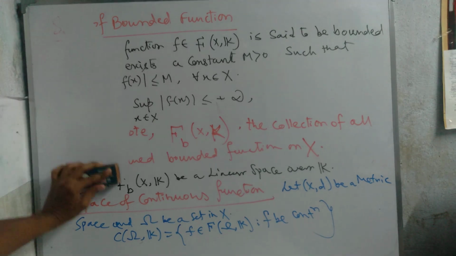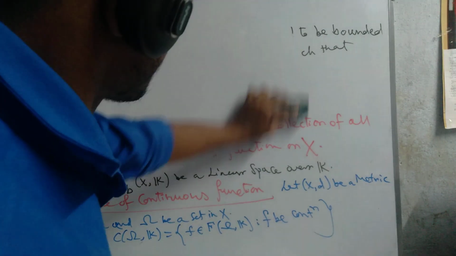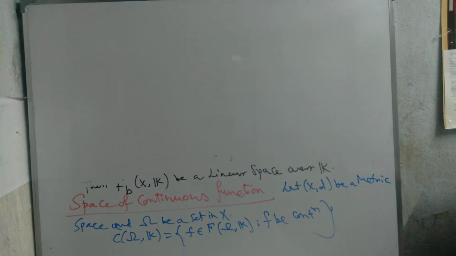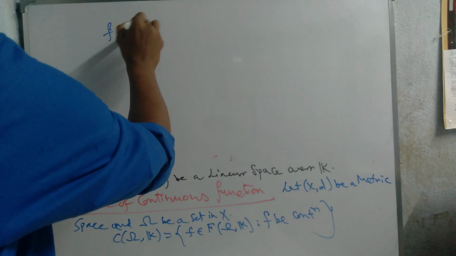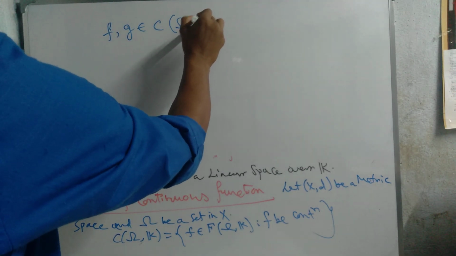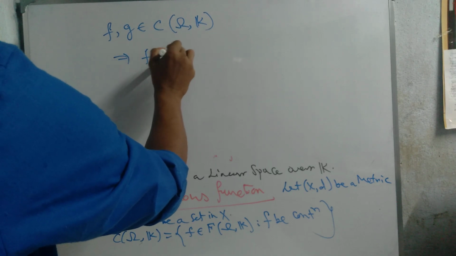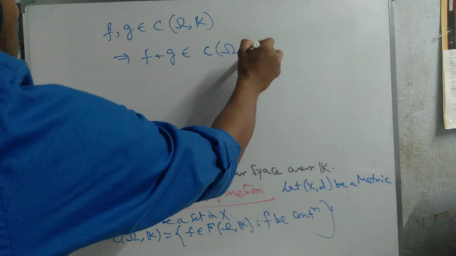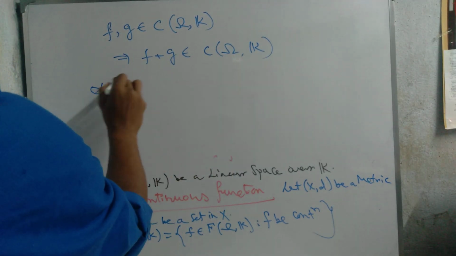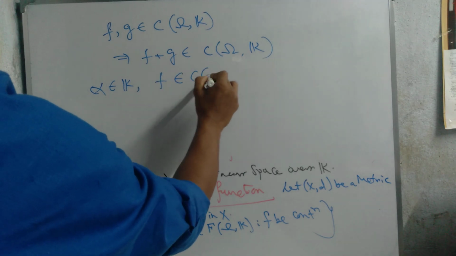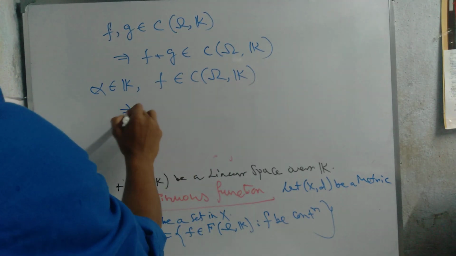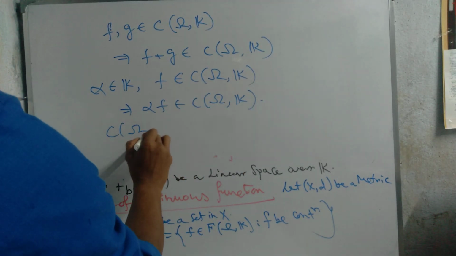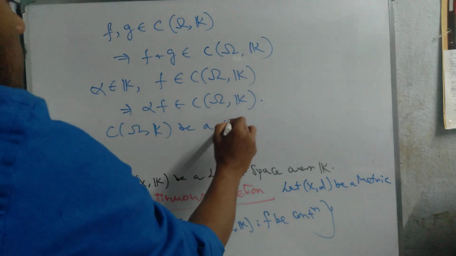Obviously we know about it. If f, g belong to C(omega,K), this implies that f plus g belongs to C(omega,K). And if alpha belongs to K and f belongs to C(omega,K), this implies that alpha f belongs to C(omega,K). Then C(omega,K) is a vector space.